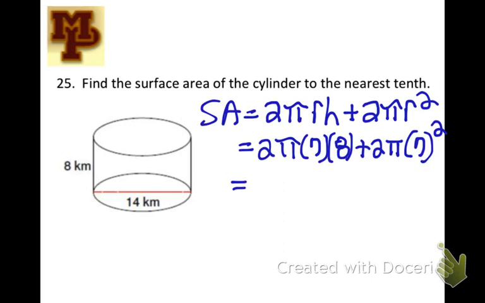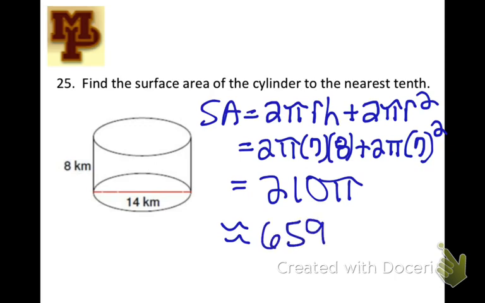Well, that whole thing turns out to be 210. So 210 pi when you put those two together. And then that's about 659.7. And that's kilometers squared. Again, that's area, so square units.